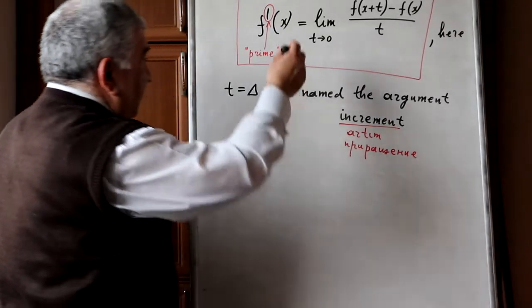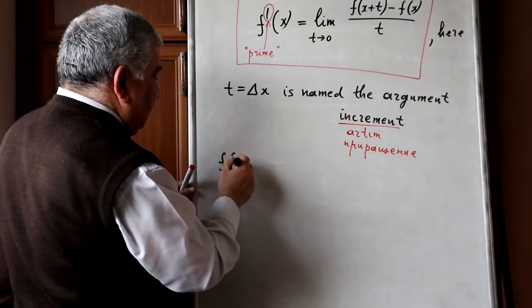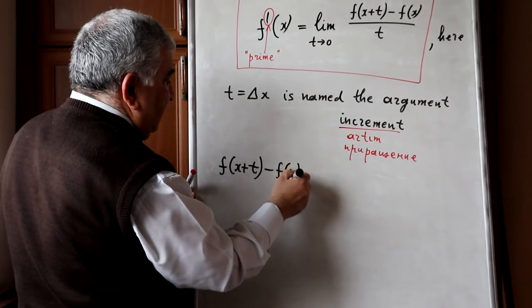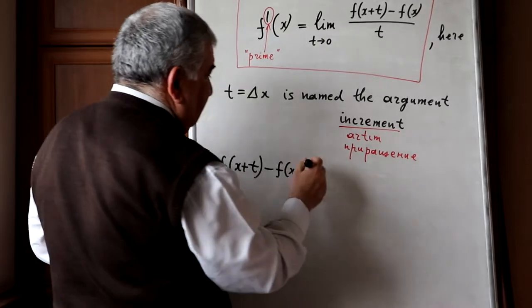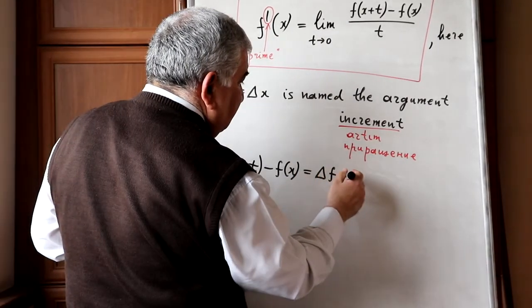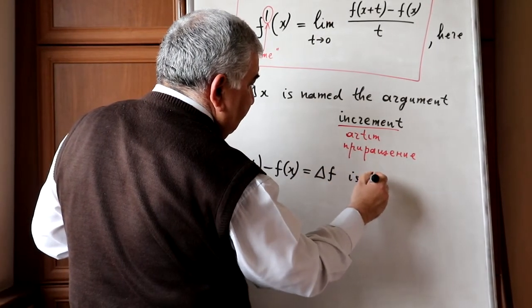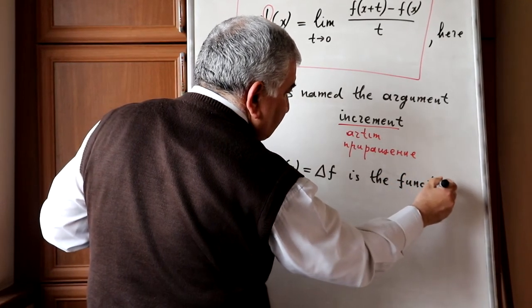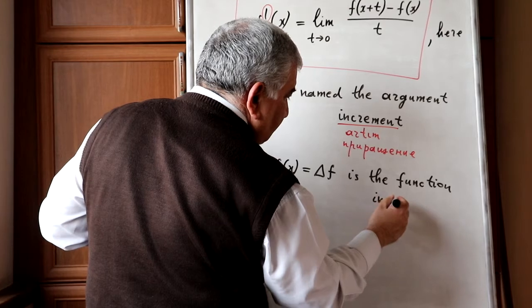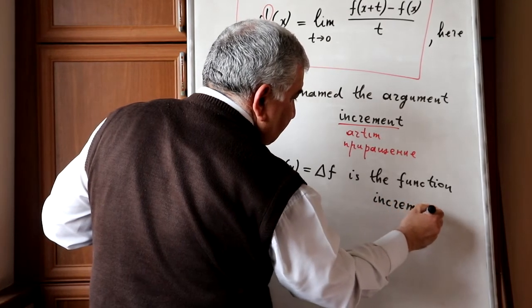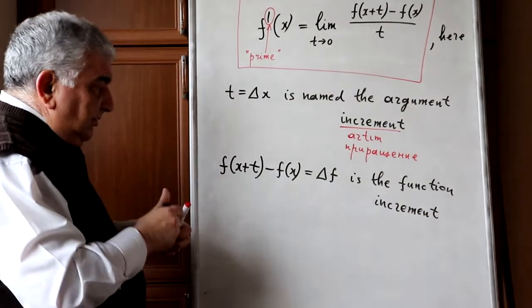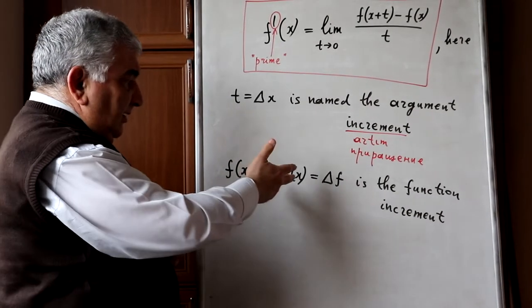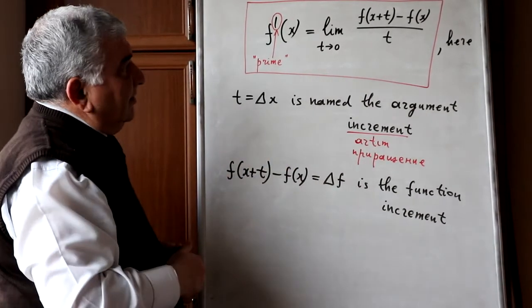But f of x plus t minus f of x is denoted as delta f, the function increment.